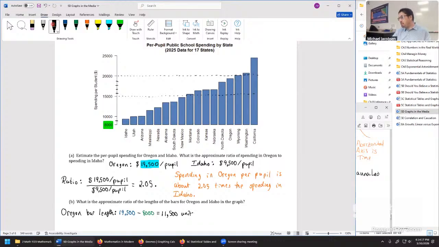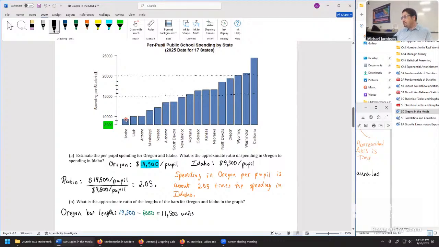I'll just say units, since we're focusing less on the dollar sign, mostly just on the actual length in terms of the scale here. So that's the length for the Oregon rectangle or bar, if we prefer.